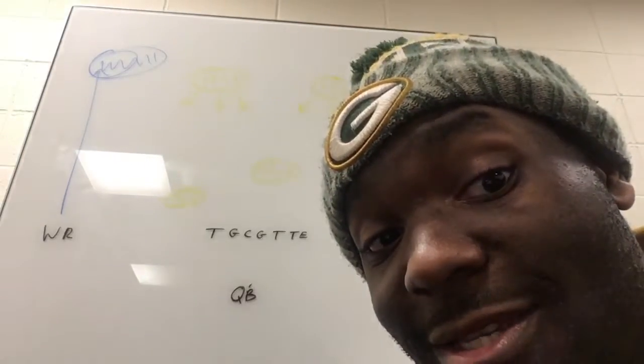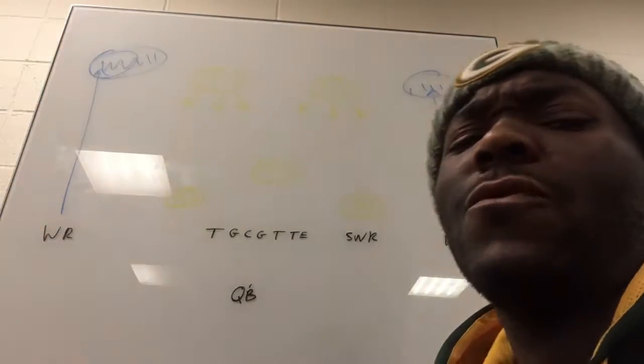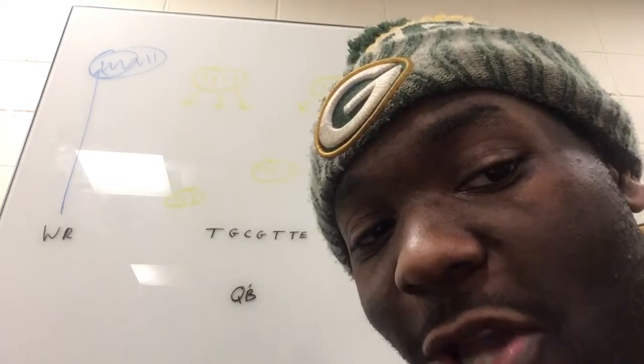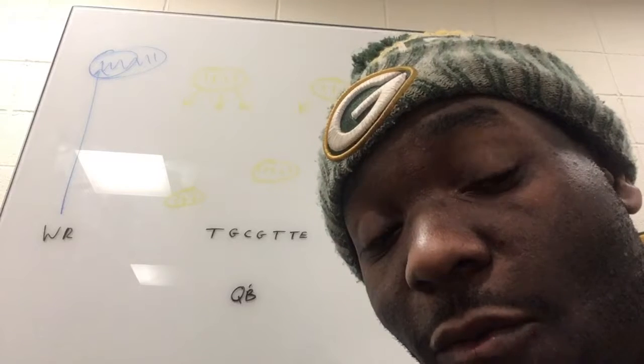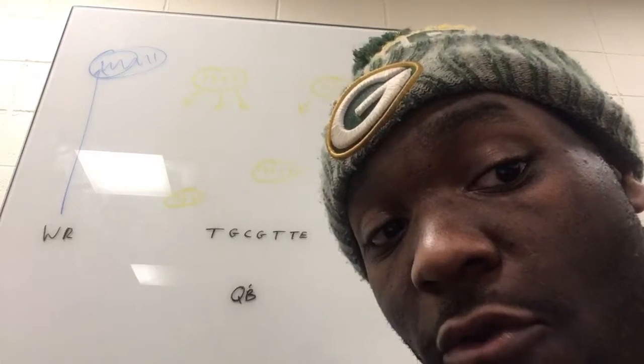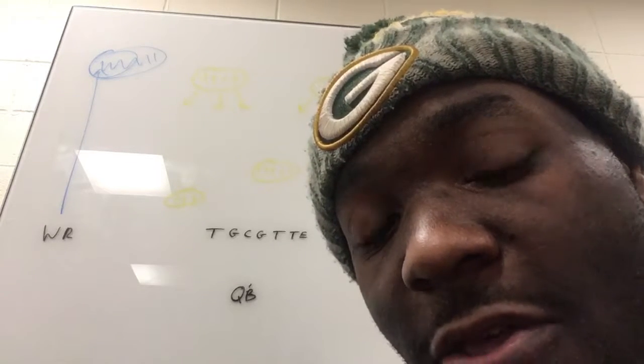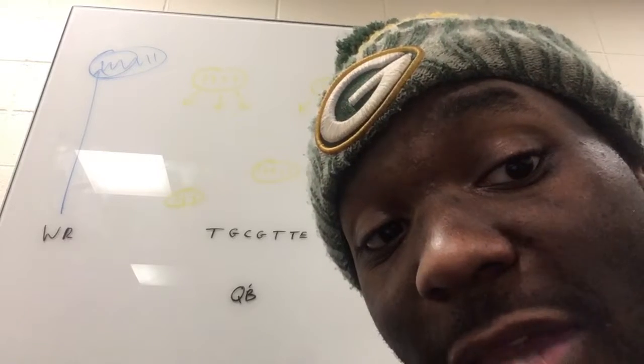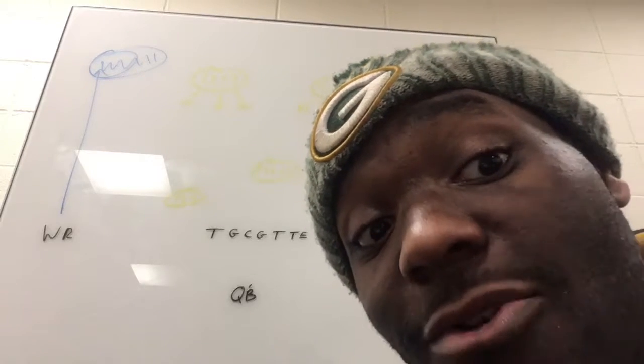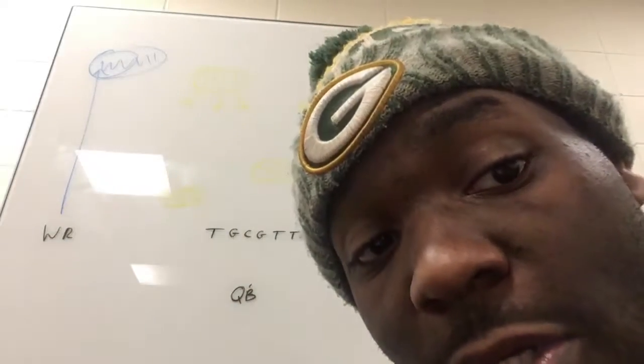This will be the final episode of the intermediate series of In the Classroom. But that doesn't mean that it's over yet. This episode will be discussing receiving routes that are designed to cancel/counter the properties of zone coverage.